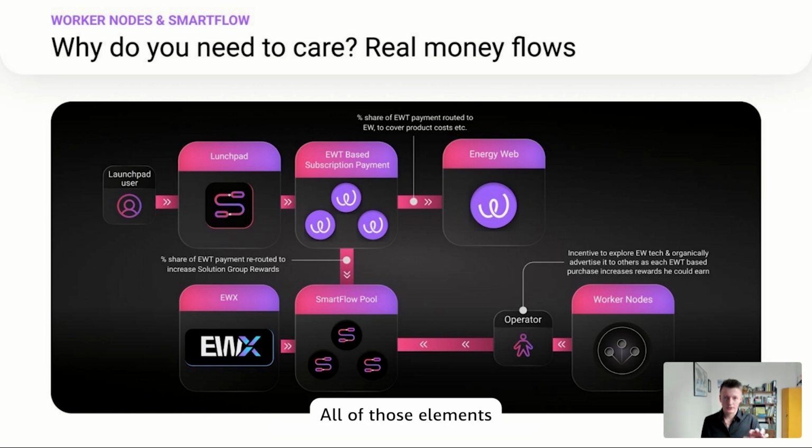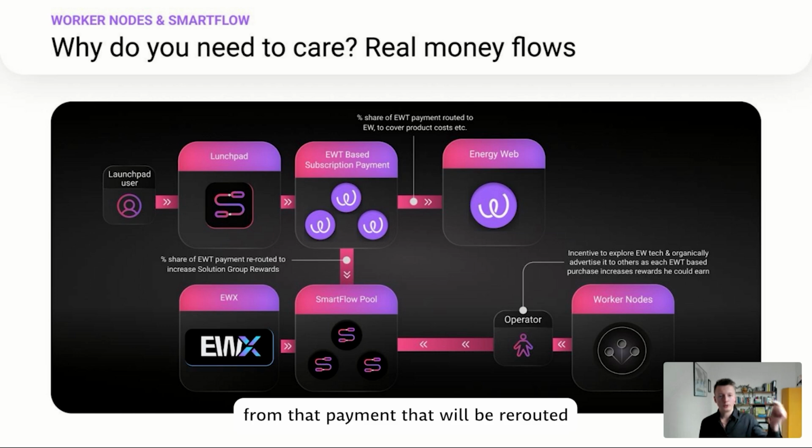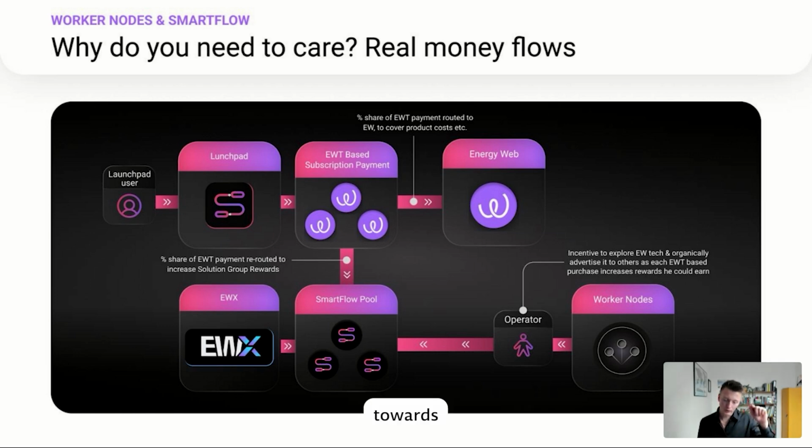All of those elements are easily deployable from the Launchpad. And in the case of certain projects, that's how it is used. And you can think about this, that if someone uses EWT for purchases of any of those tooling from the Launchpad, there is a certain piece from that payment that will be rerouted back to the solution group rewards.